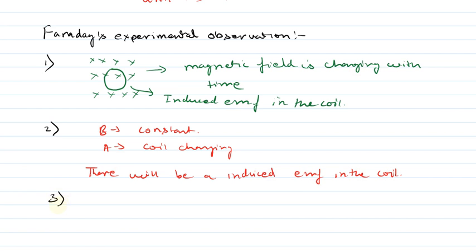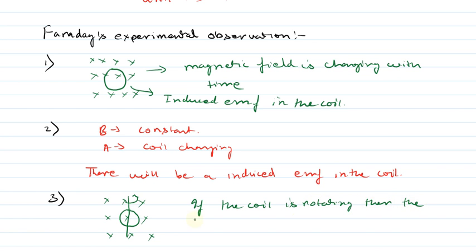In the third observation, if a coil is placed in a magnetic field, and if the coil is rotating, then there will be a current induced. The EMF will be induced in the coil.